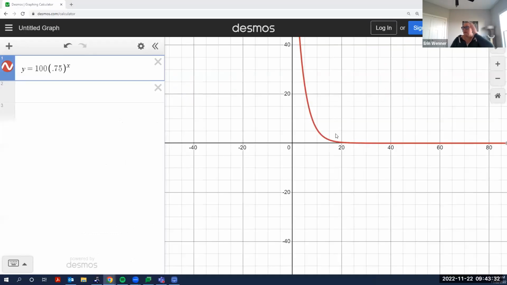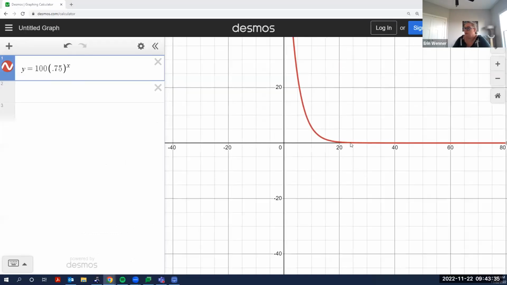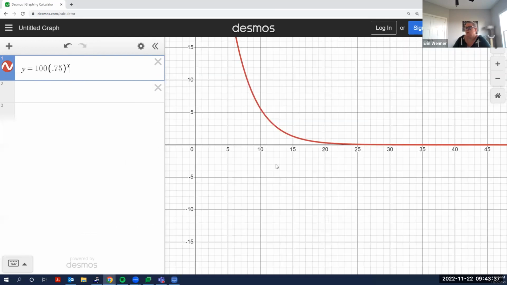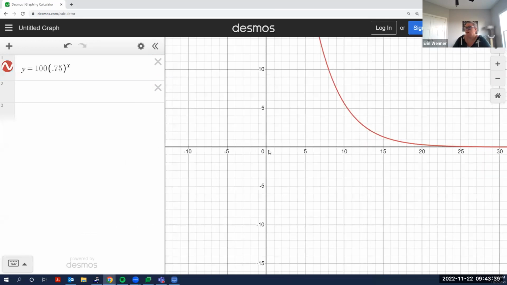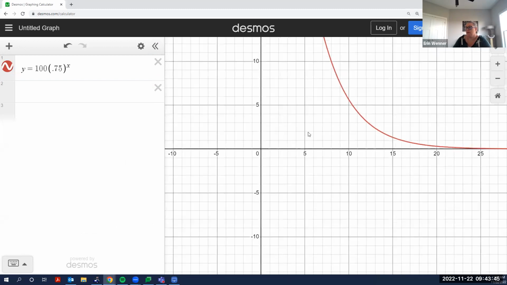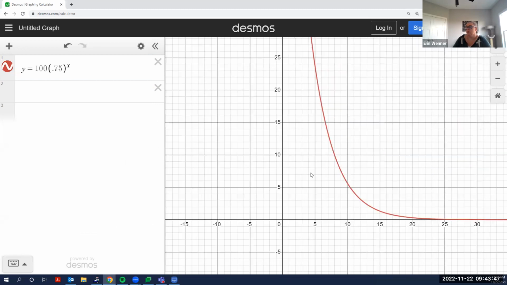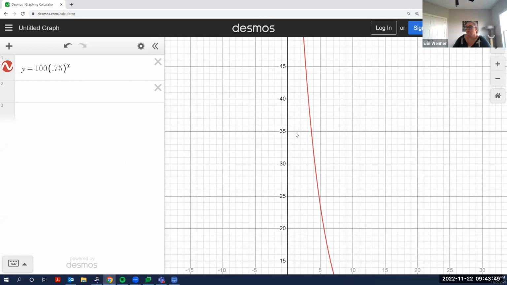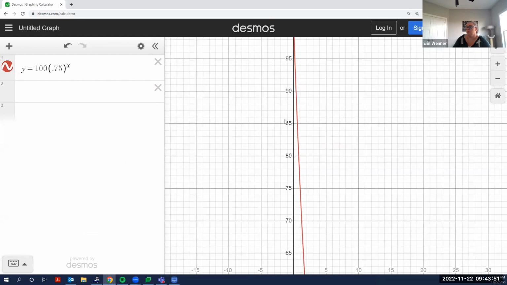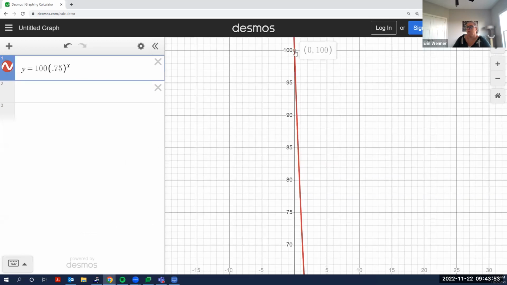So what we can see here, this is really zoomed out, but if we zoom in, we can see day 1, 2, 3, 4, and 5. If we scroll up again, on day 0 there's the 100, right here on the y-axis. On day 1 it's 75.